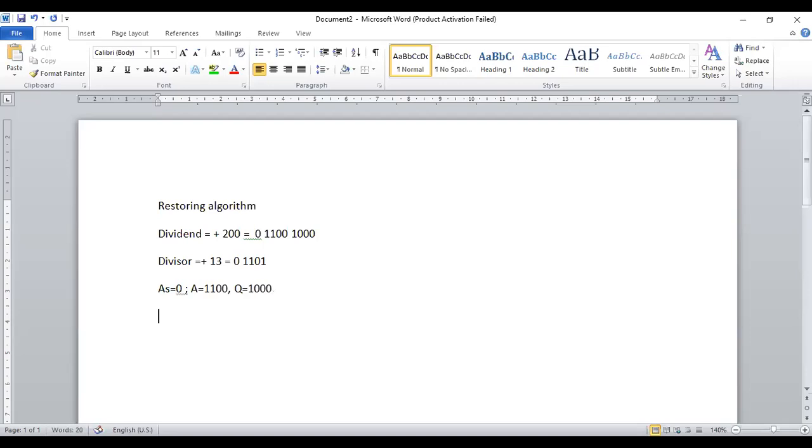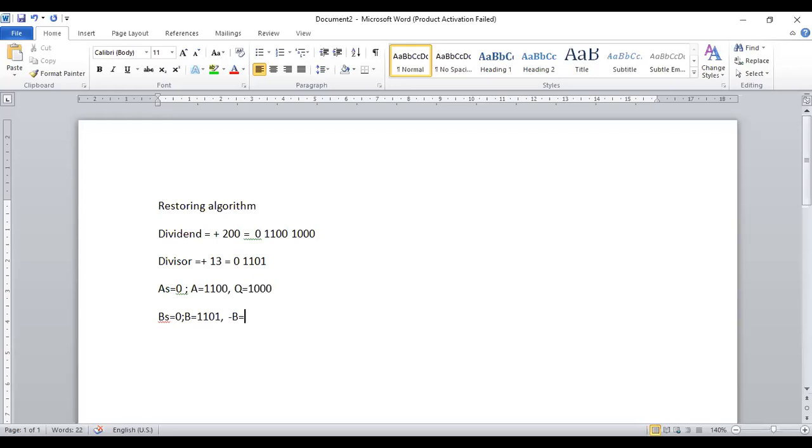And then divisor is available in B, where your BS of course is 0, and B magnitude is equal to 1101. Okay, this is B. Right? So since it is division, we have to subtract B from dividend. So I require minus B everywhere. So I'm calculating minus B also.